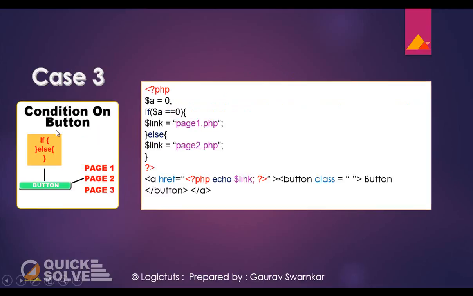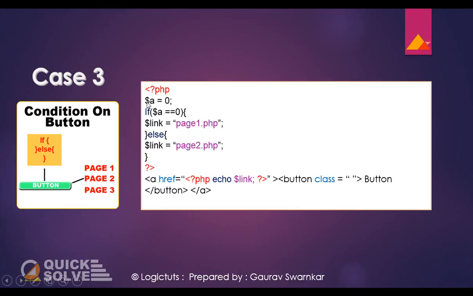Case 3 says let's first decide what page to open, and then we direct the button to that page. We can do it directly with PHP. In this example I took a normal condition and a normal variable. Let's say $a is a variable: if the value of $a is equal to 0, then open page 1, and if the value of $a is not equal to 0, then open page 2.